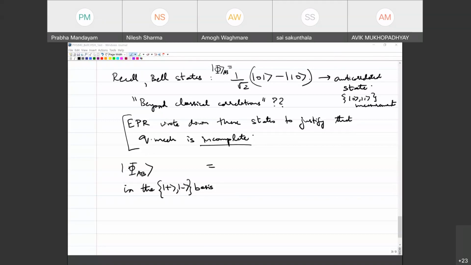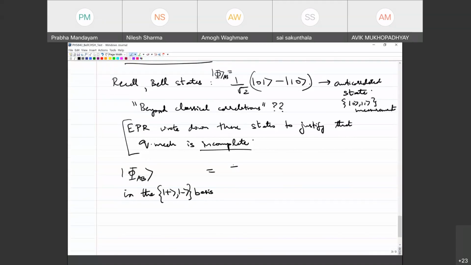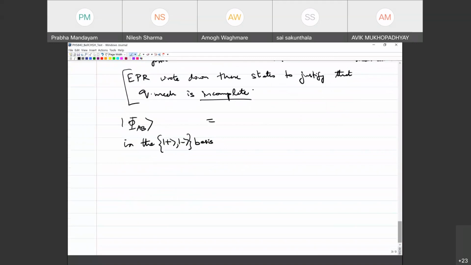Okay, I'm just not getting any answers today, so I'm going to proceed with the lecture. This state looks exactly the same way in the plus minus basis, in the sense that it is perfectly anti-correlated.